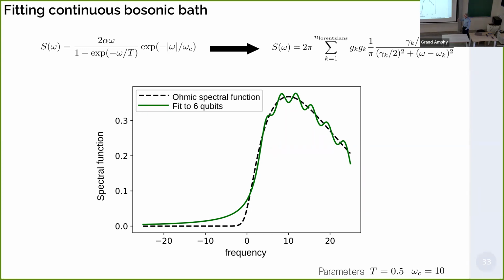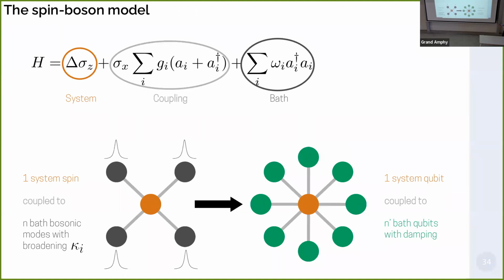And here this issue comes back that I showed before, that we consider these Lorentzians and fit these Lorentzians, because we can manipulate these coupling terms here. We fit it to the spectral function that we want. And then basically we have it all. The system is the good qubit, the bath are the normal qubits, and the coupling is something we can adjust by originally choosing our algorithm on the quantum computer in the right way.